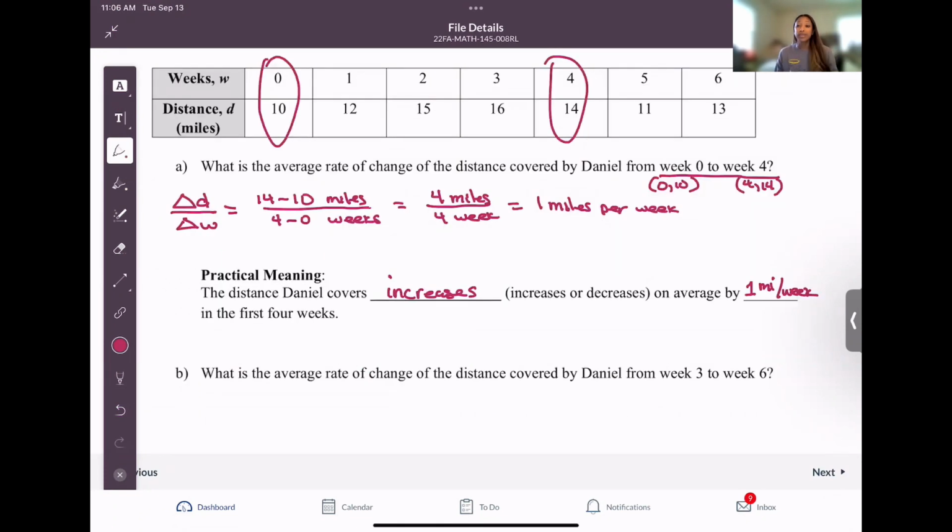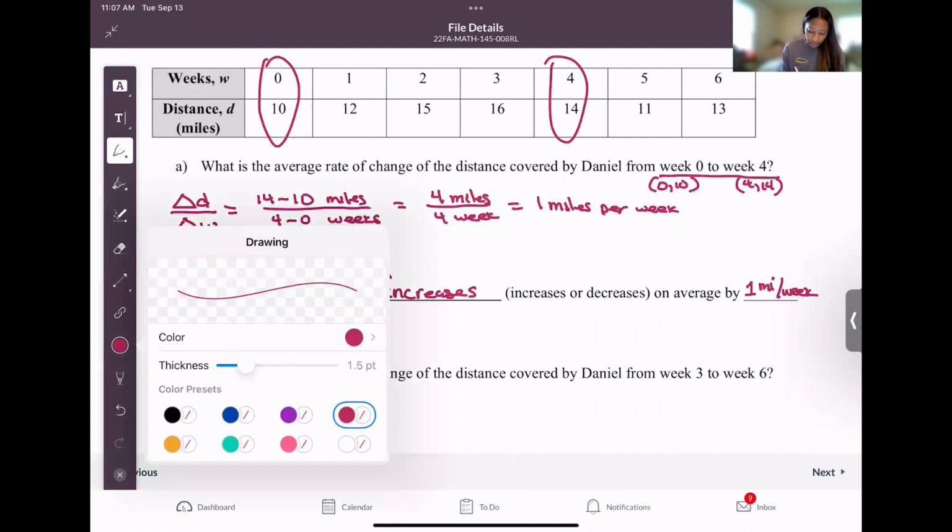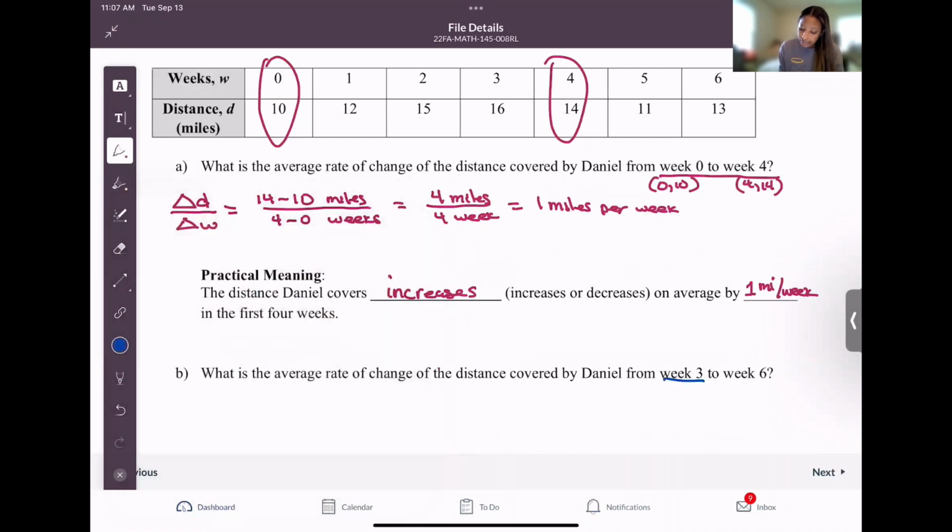We're going to do the same type of calculation for part B, but for different weeks. Instead of looking at weeks 0 to 4, we're going to look at weeks 3 to 6. Week 3 gives us the ordered pair (3, 16). Week 6 gives us the ordered pair (6, 13). So how is his distance changing from week 3 to week 6?